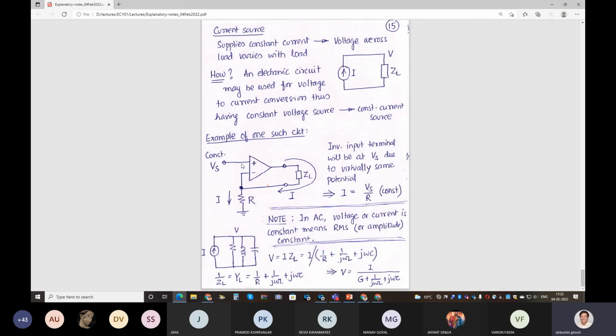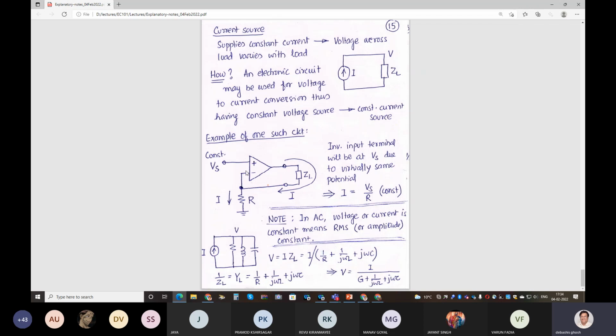If there is a slight difference in the input voltage, the output will become infinite. So to maintain a finite output voltage, we use a feedback. Here the feedback is through the load. Whenever there is negative feedback, the output becomes finite, and whenever the output is finite, essentially it means your input difference is now equal to 0.